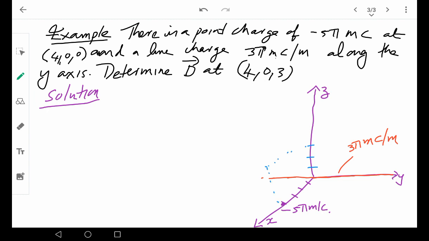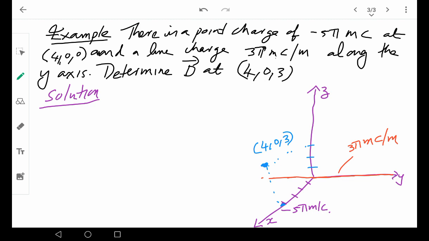You have to find out the electric flux density at this point. So you have a point charge of minus 5 millicoulomb at (4, 0, 0), and a line charge along the y-axis, and you have to find out the electric flux density at the point (4, 0, 3).